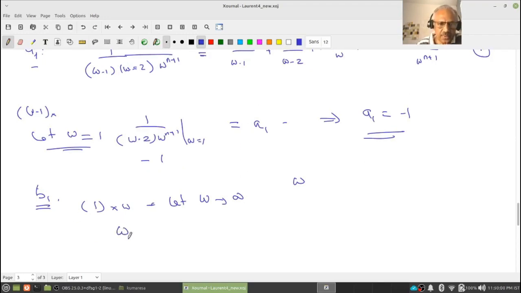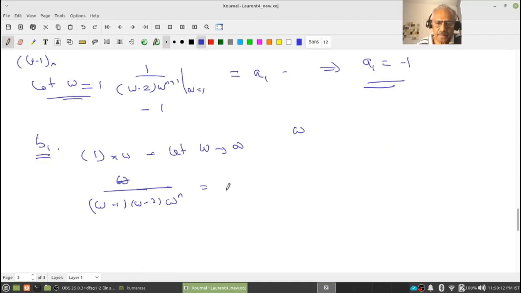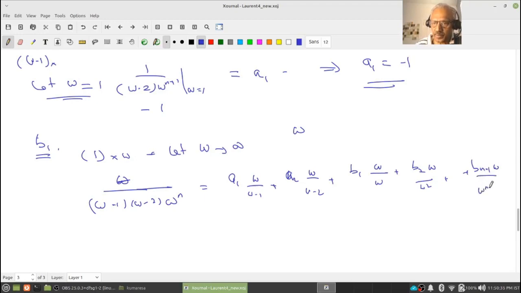So let's do that. I'll have w by (w minus 1)(w minus 2) and w power n plus 1, therefore it is w power n, equal to, now you can see this is going to be a1 w by w minus 1 and a2 w by w minus 2 plus b1 w by w, etc., and b2 w by w squared and bn plus 1 w by w power n plus 1.